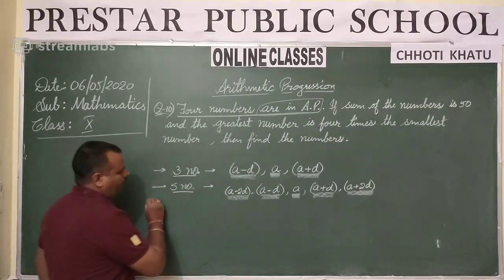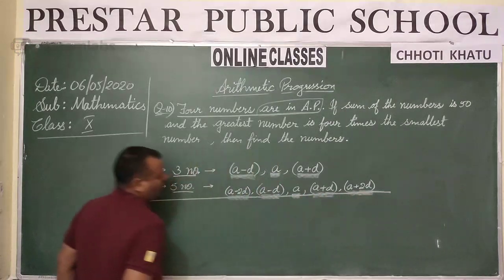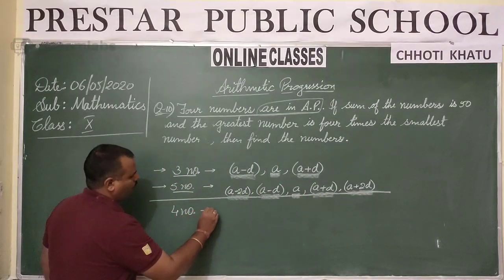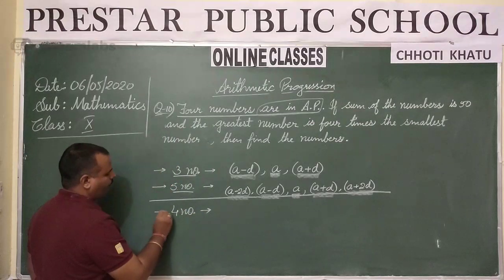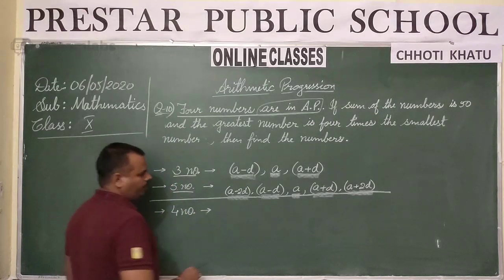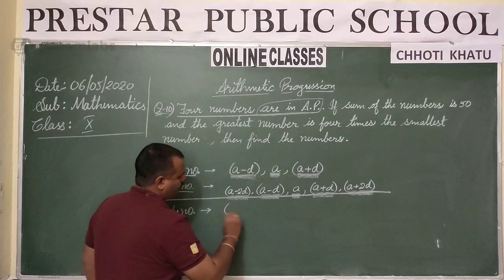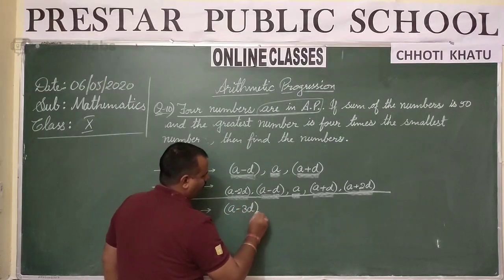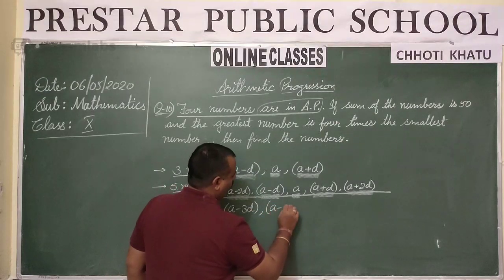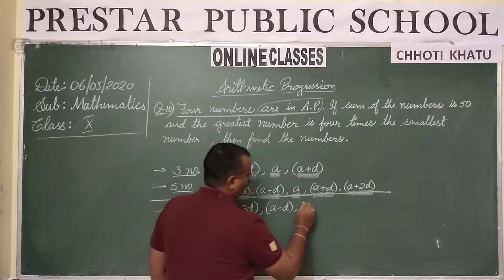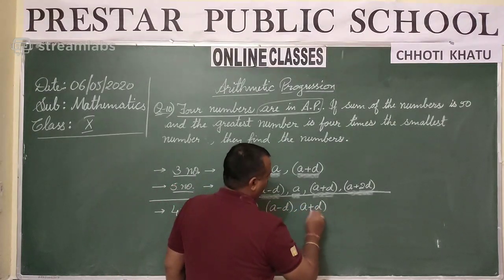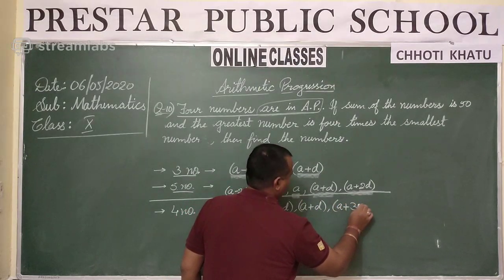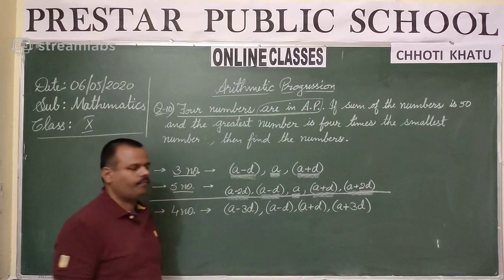If there are even numbers to be taken, like four numbers as in this question, the numbers to be taken will be A minus 3D, A minus D, A plus D and A plus 3D.